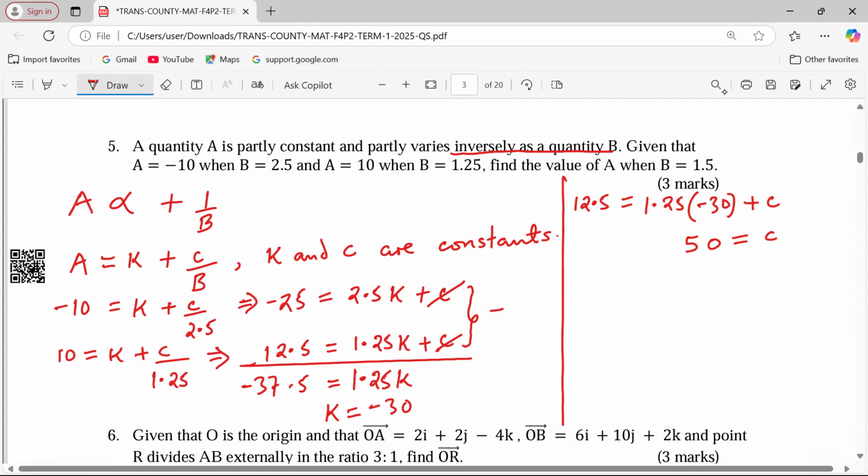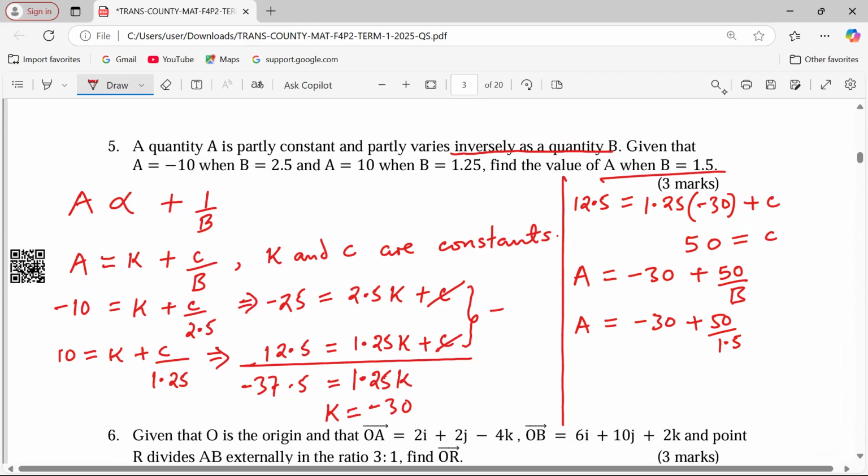That way. So with the C and K, we can write the general equation, which is supposed to be A equals the value of K, -30, plus C, which is 50, over the value of B. With this equation connecting A and B, we can find the value of A when B is 1.5.